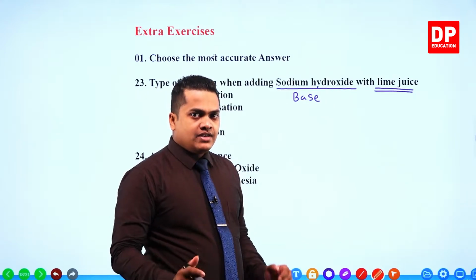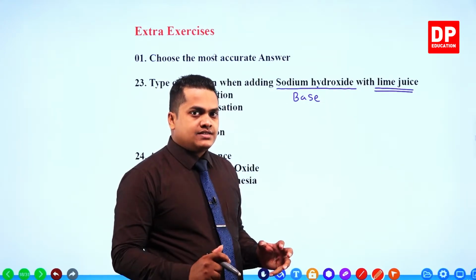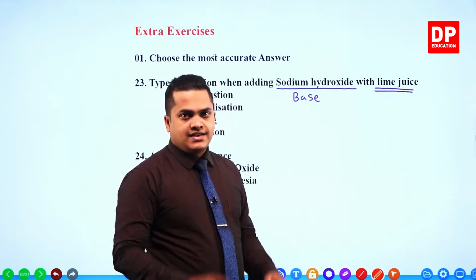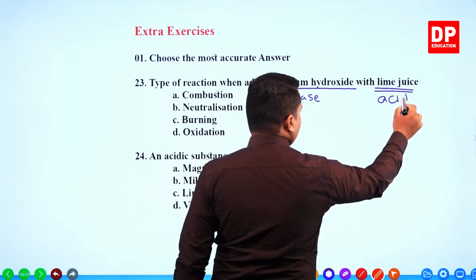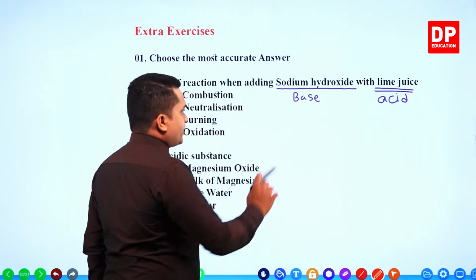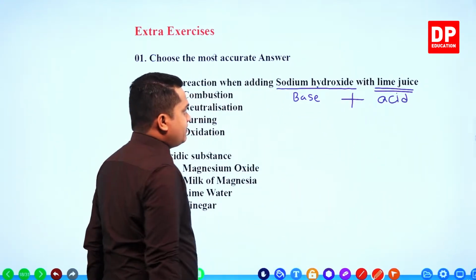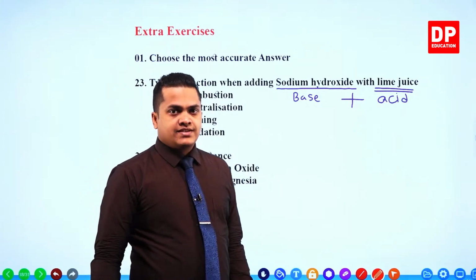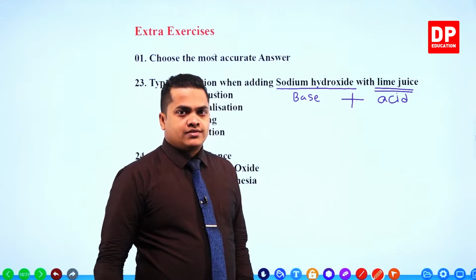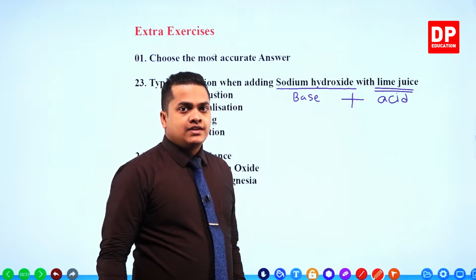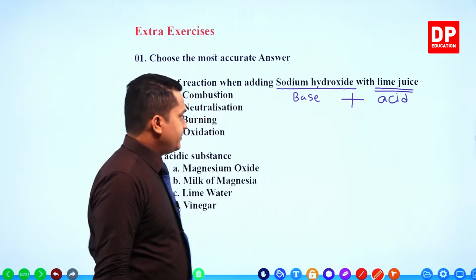Substances that have a unique sour taste are called acids. So this is an acid. So here the acid is going to react with a base. Acid-base reactions are referred to as neutralization reactions.